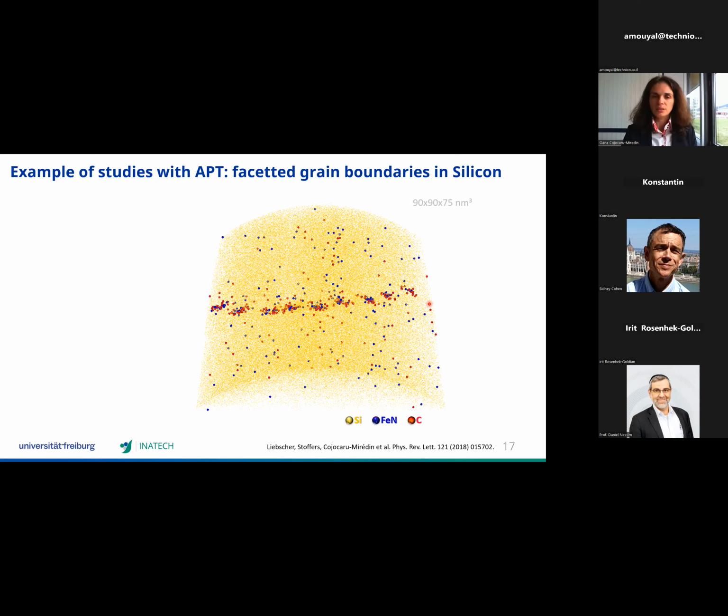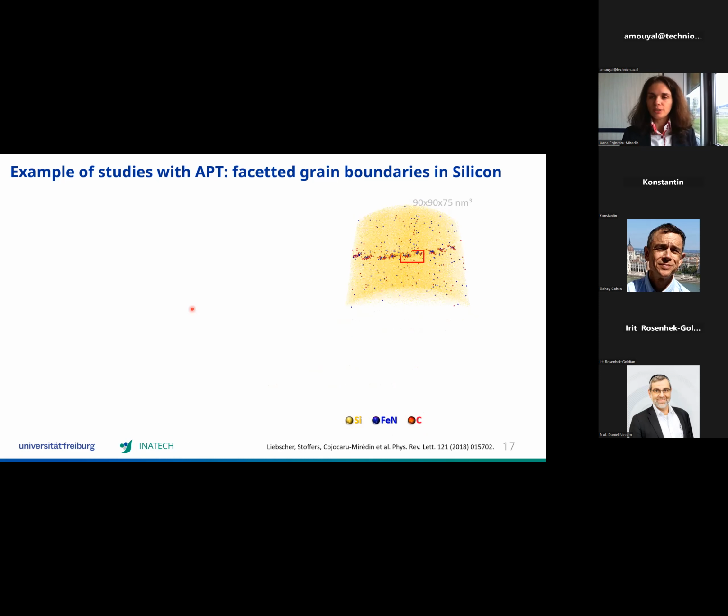Iron is a well-known element which, if it accumulates at the grain boundary, creates deep charge defects, and then increases the recombination between electrons and holes. But I'm speaking about faceted grain boundaries, and here we have no signature of faceting from this segregation phenomenon.